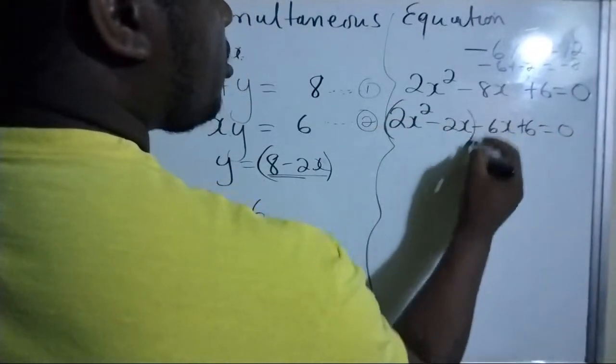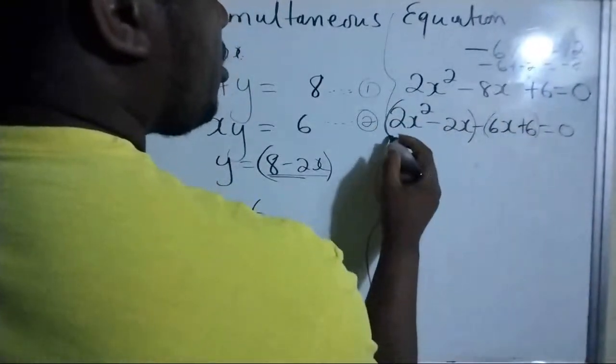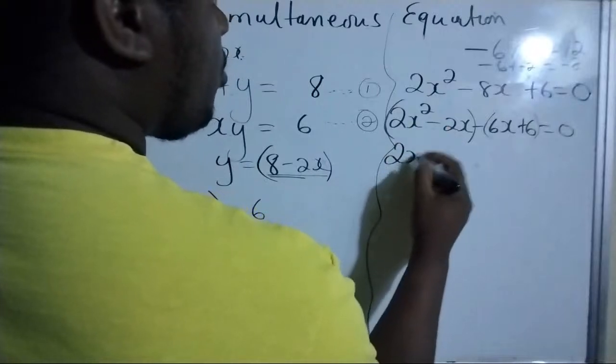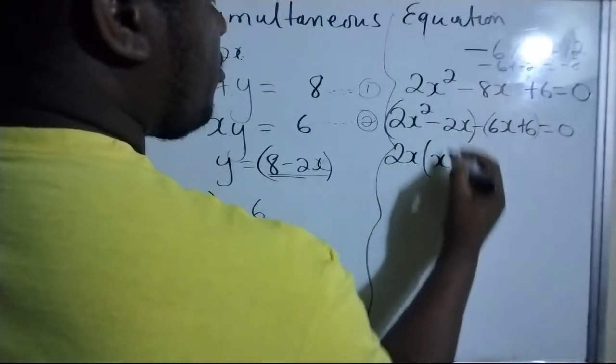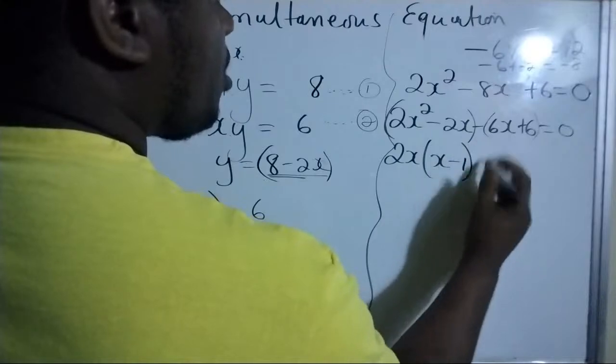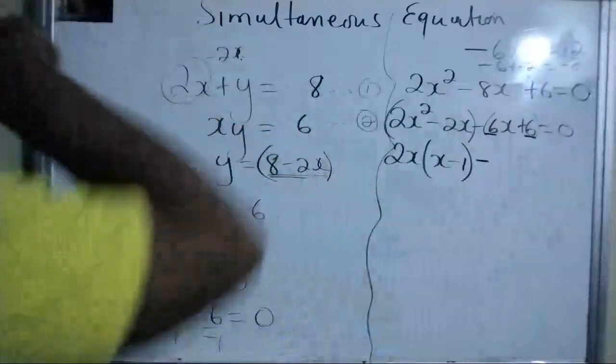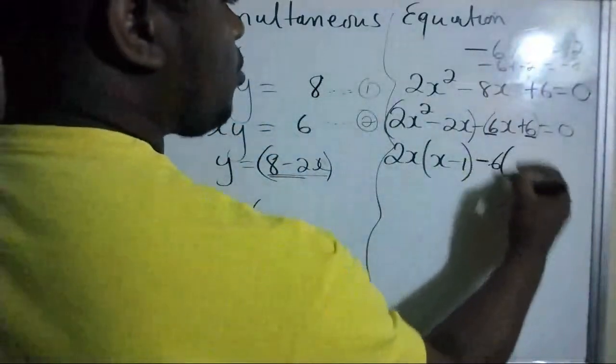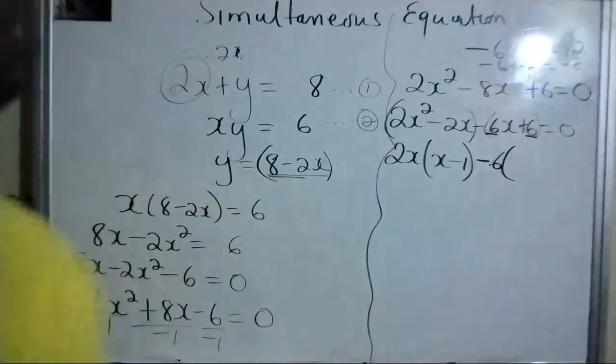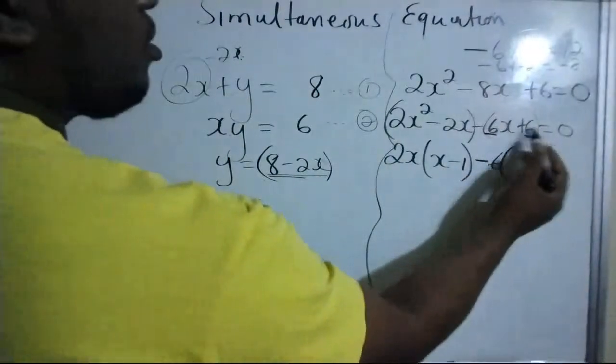Put your brackets and factorize. 2 is common, and x is also common in the first two terms. That leaves x, 2x into itself, minus 1. Put the minus. What's the highest number that can go into 6 and 6? That would be 6. Notice we don't take out the x because there's only one x common. X isn't there in the second term, so we can't take it out.